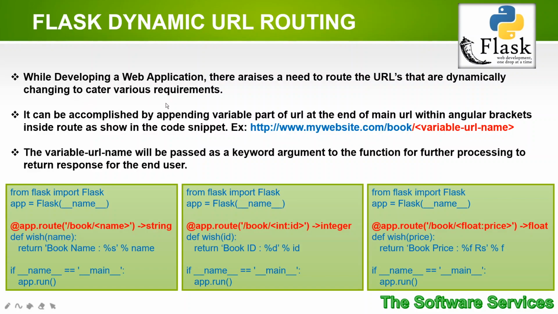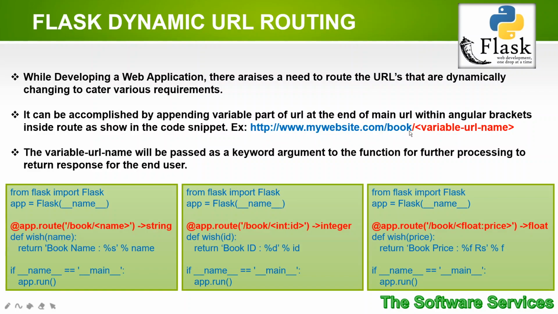so how we can accomplish this routing of dynamically changing URLs means, let me first discuss the URL pattern, friends. Okay, so for example, this is the total URL, http://www.mywebsite.com/book, right? And then slash variable URL name.